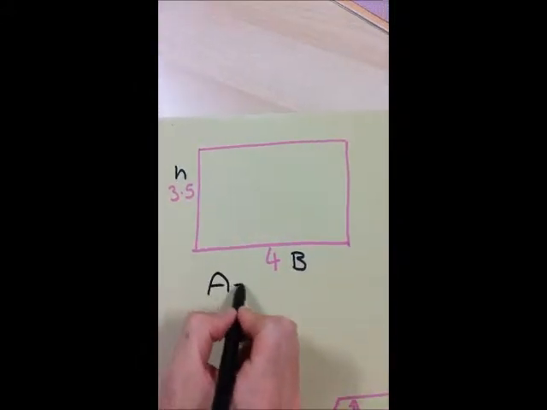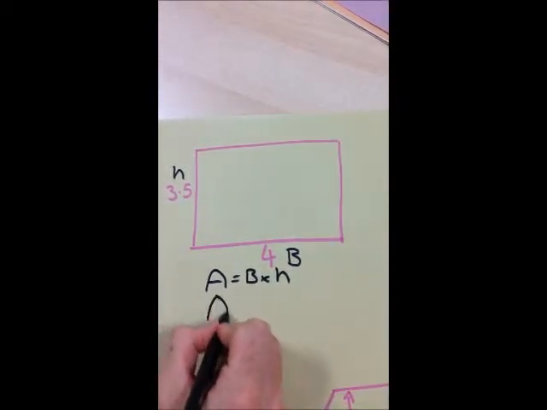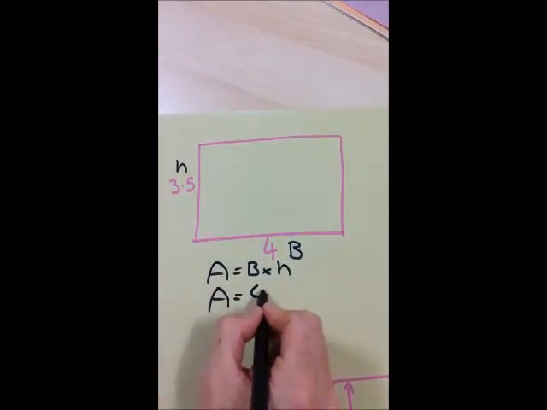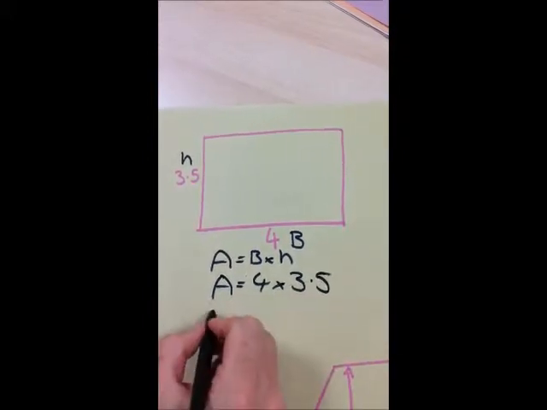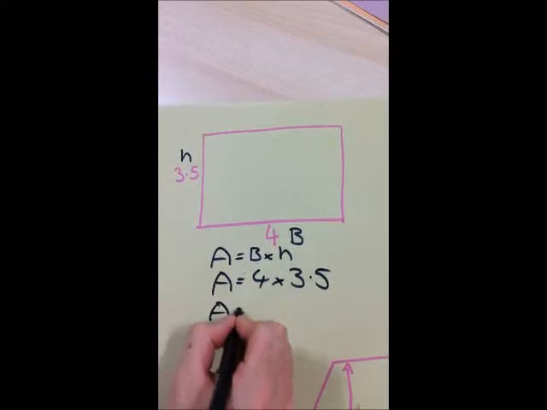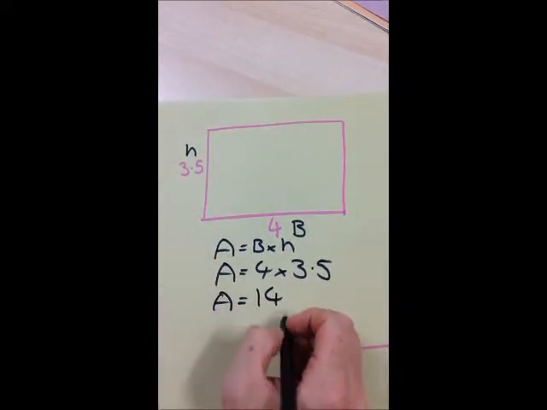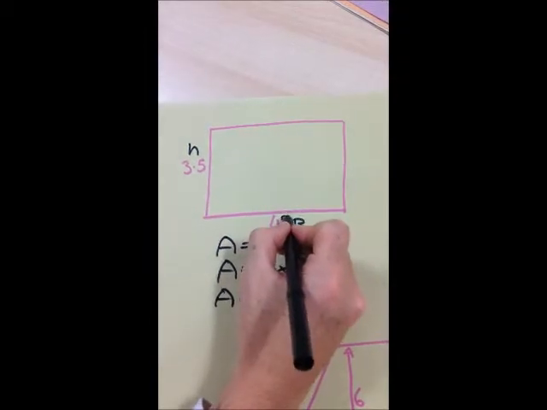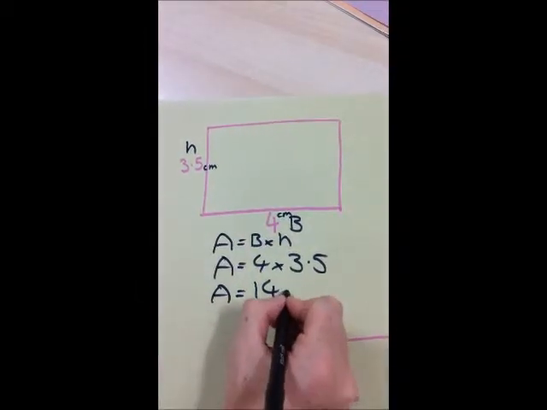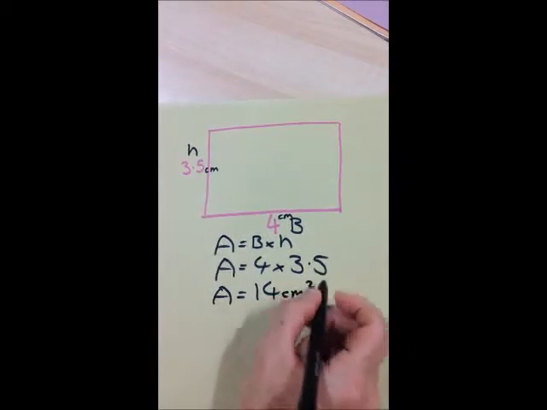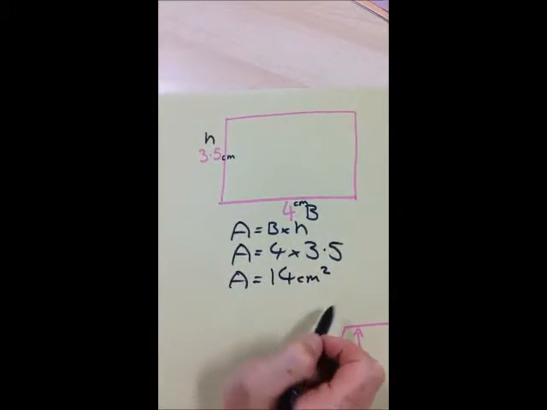So the area of a rectangle is base times by height, which in this case gives us 4 times by 3.5, which means that the area is 14 and then some unit. If our question was in centimetres, it would give us an answer in centimetres squared. Remember, an area is always given with a square unit.